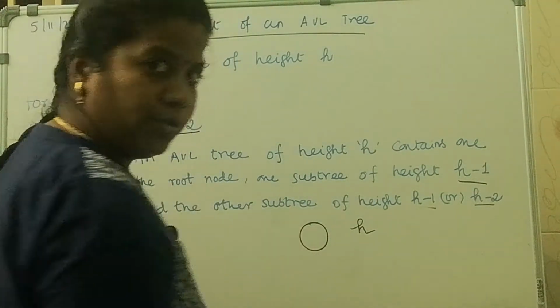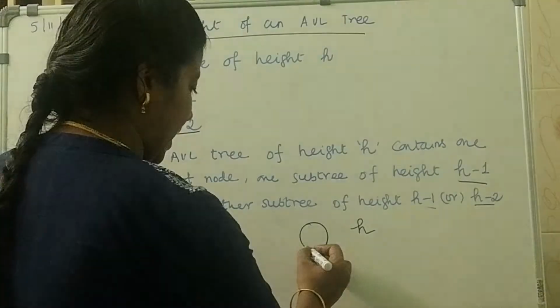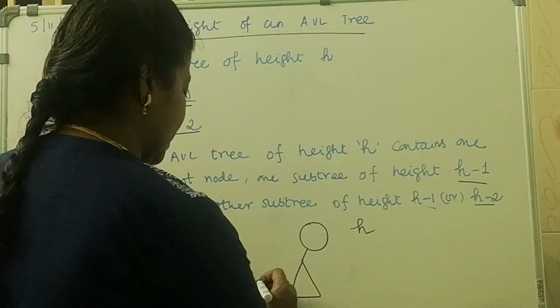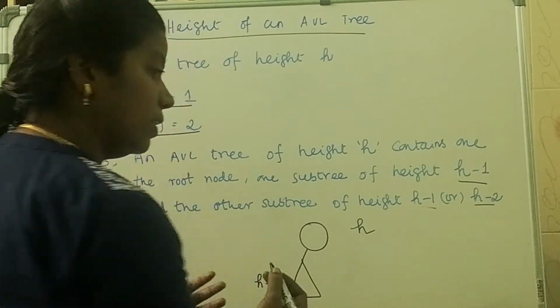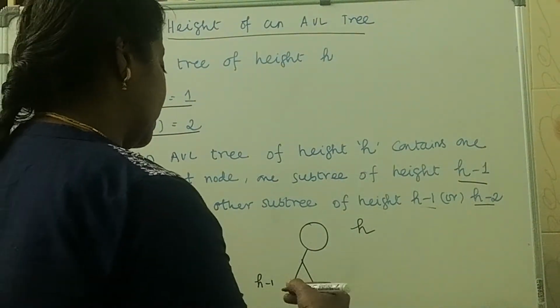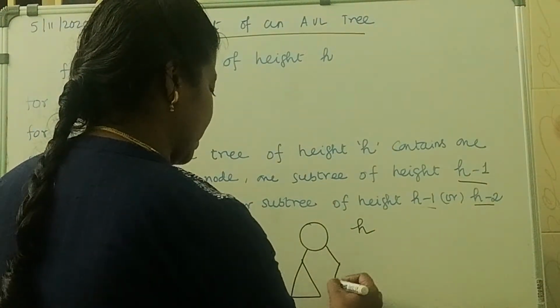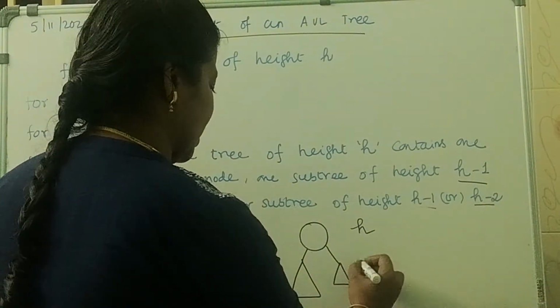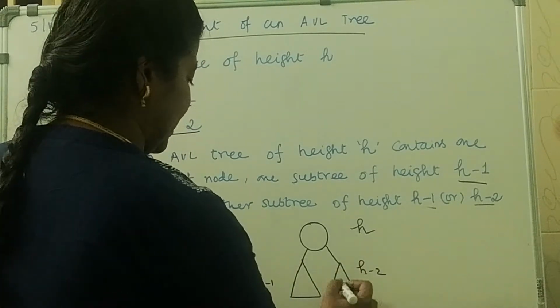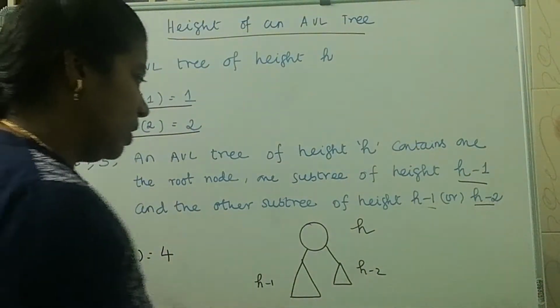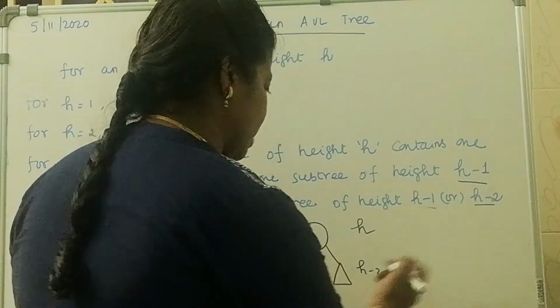It should have one root node and then one subtree whose height is h minus 1. Okay, so it is not necessarily the left subtree; one of its subtrees is h minus 1, the other subtree is h minus 2. Okay, it is one lesser than this. So this is possible, or we can interchange. This is also possible.